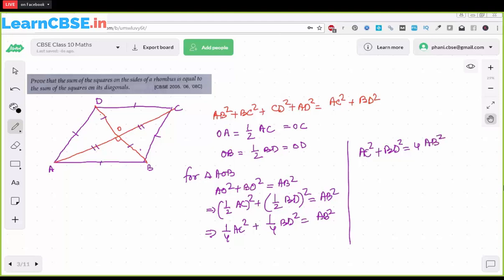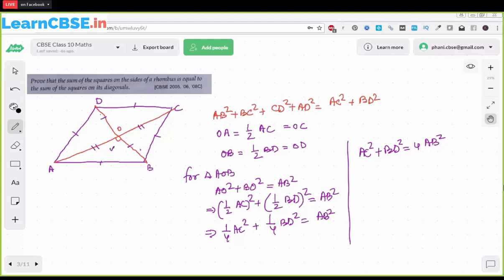Now, similarly, you can write for the other three triangles in the same way. We proved for this triangle that AC square plus BD square equals 4 times AB square.